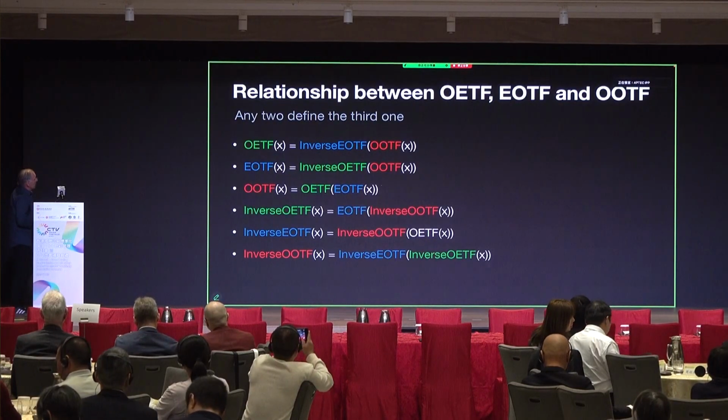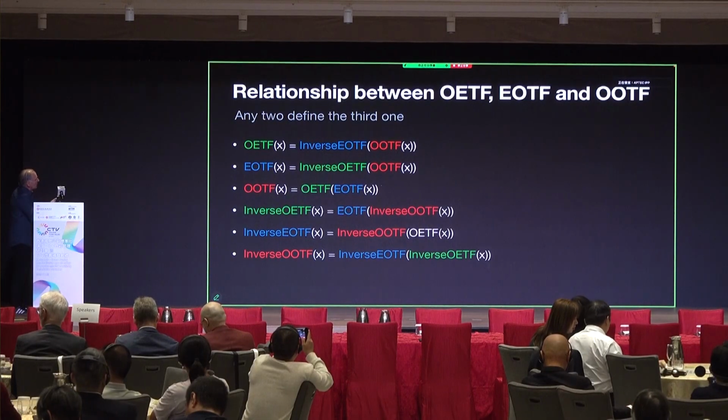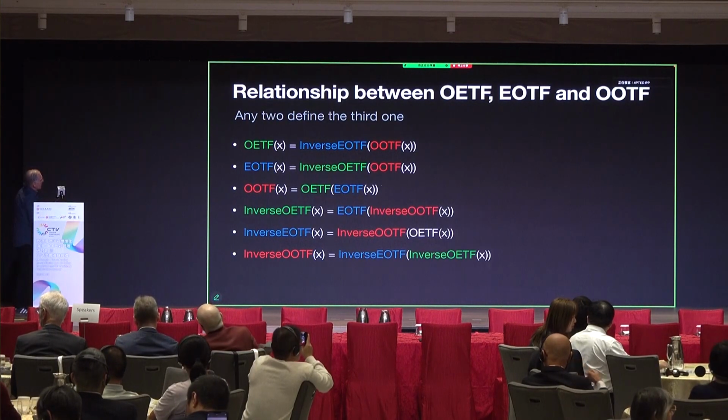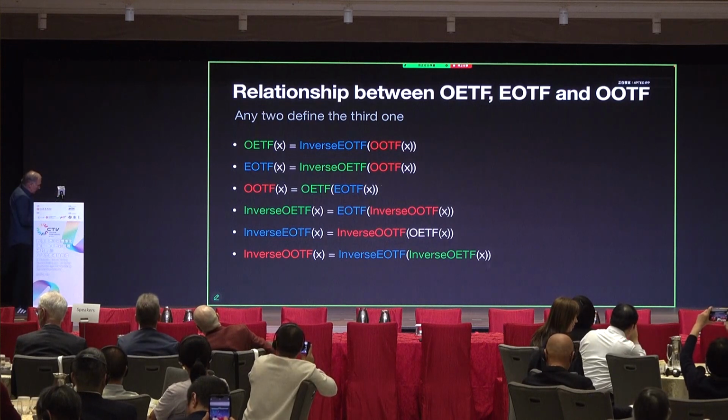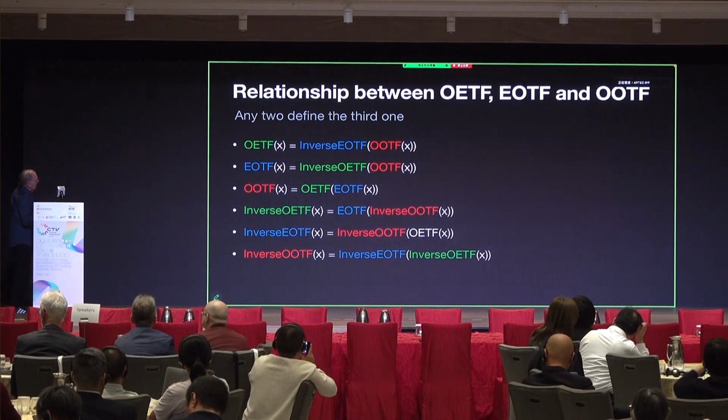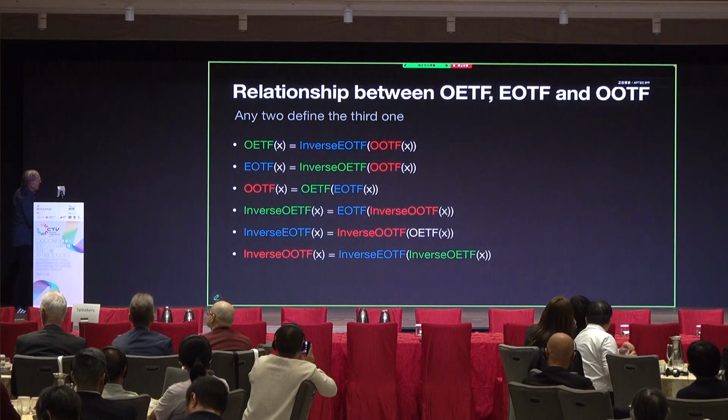What is important to know about these functions is that I need to know only two to recreate the third one. And here are all the combinations that can be achieved.